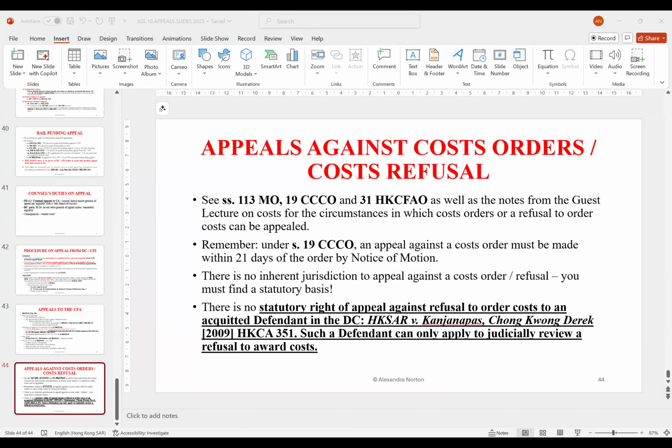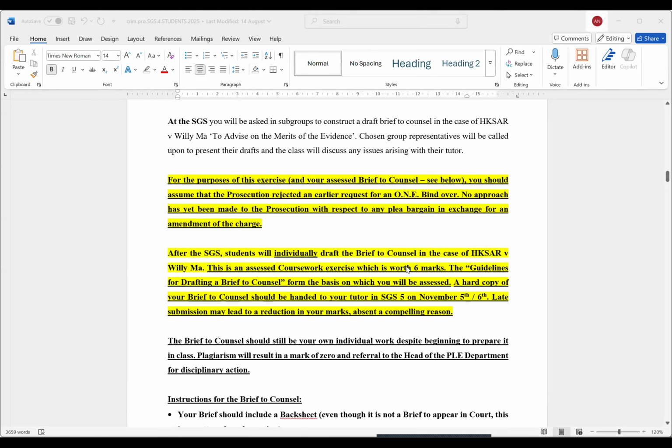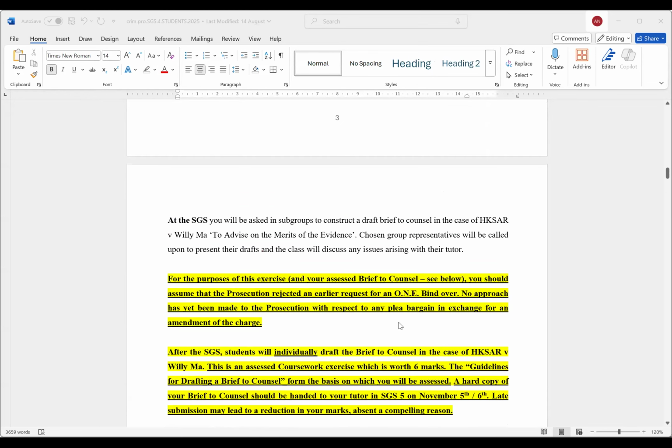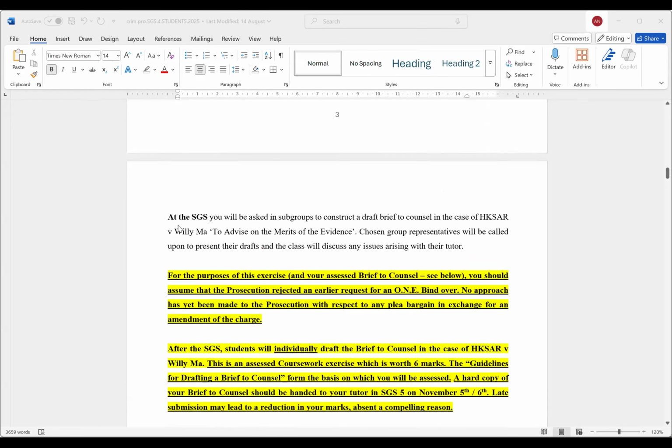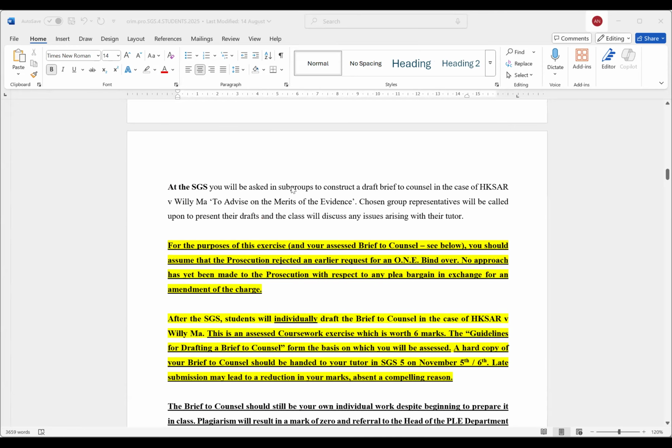Okay, if in doubt, guys, always go back to your instructions, okay? So let me share the screen, okay? This is your activity plan for SGS4, right? Okay, top of page 4. At the SGS, you will construct a draft brief to counsel in Willie Marr to advise on the merits of the evidence.